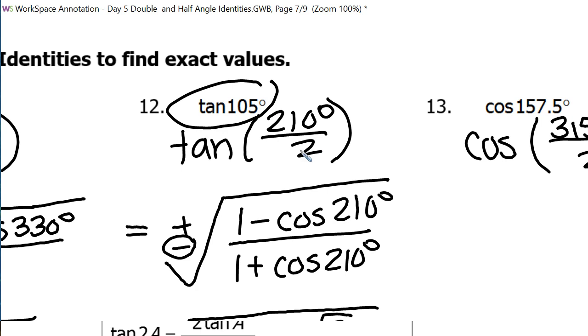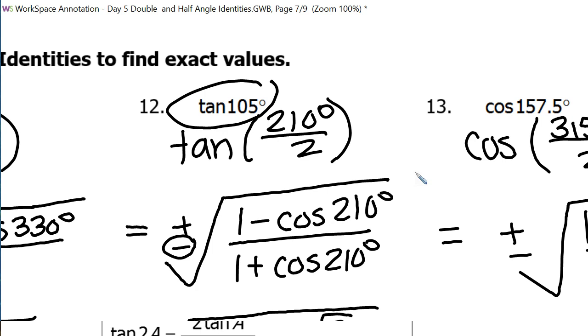So our half angle identity, again, only the first step will have the plus or minus. And for the cosine half angle identity, it's 1 plus cosine theta, so this would be 1 plus cosine of 315 degrees, and a 2 in the denominator.